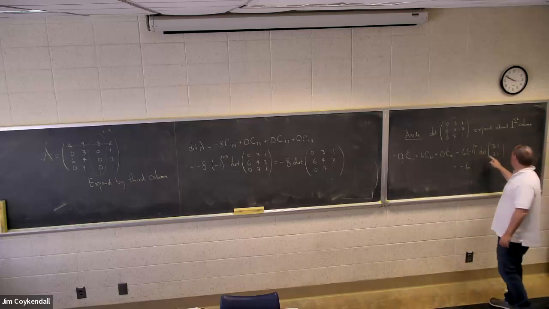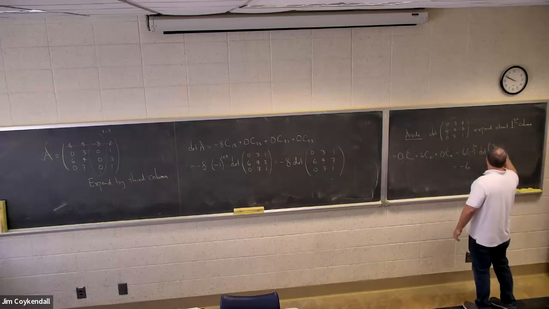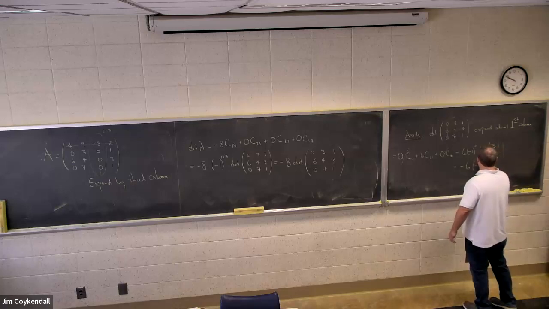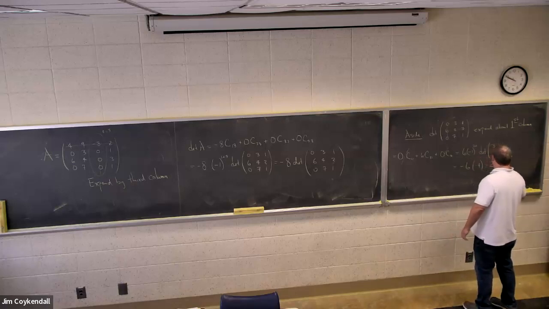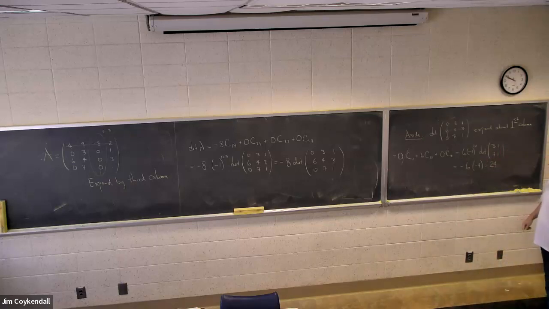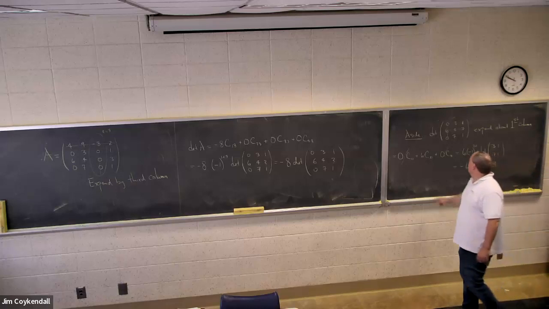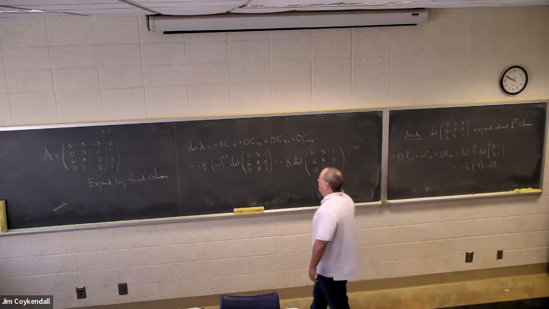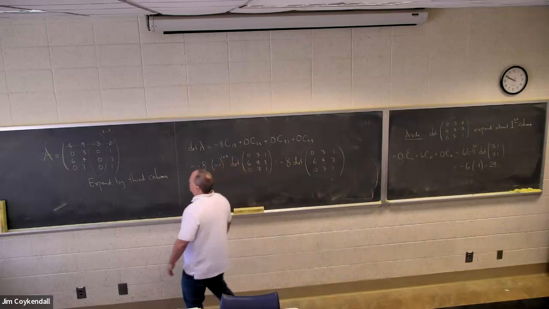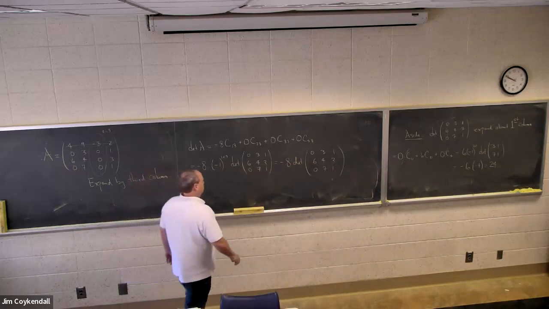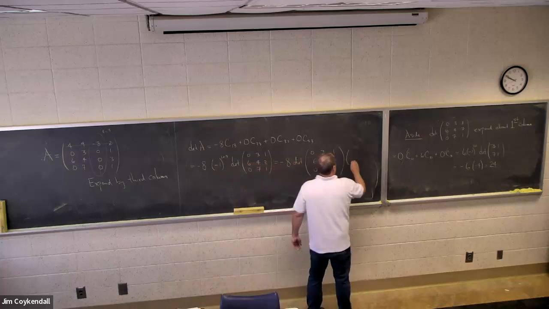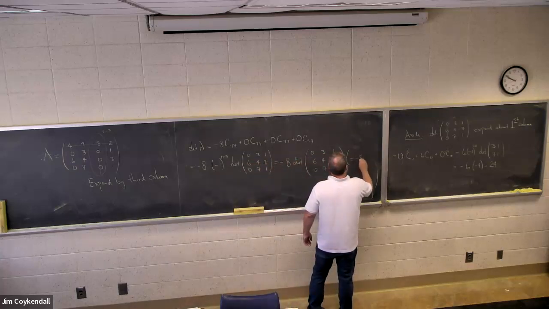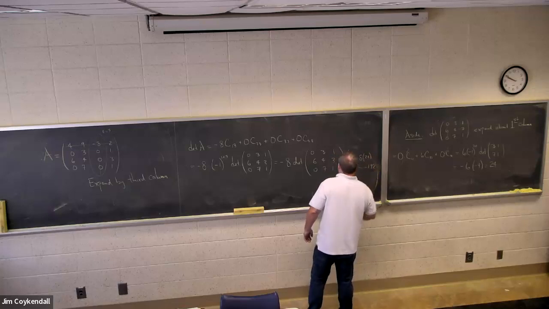So that's -6 times 3 minus 7, minus 4. Right, okay. So this thing is 24. So the whole thing is -8 and 24, which is -1.